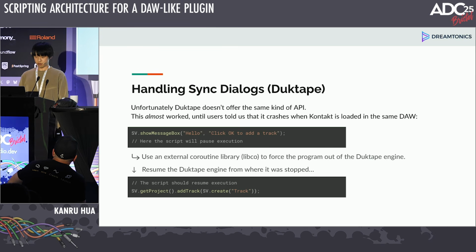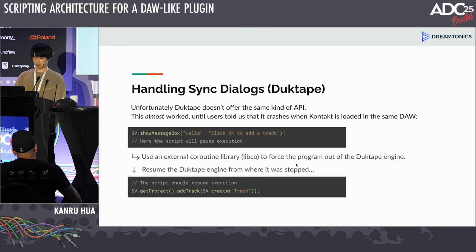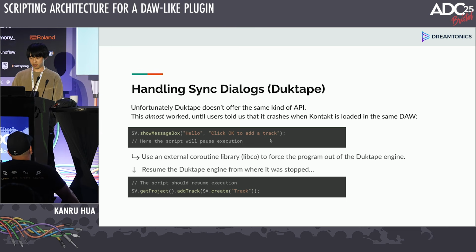So what we tried in the beginning, which was implemented about 4 years ago, was to use an external coroutine library called libco, to force the program out of the Duktape engine when this dialog appears, and just resume that context when the user clicks OK.